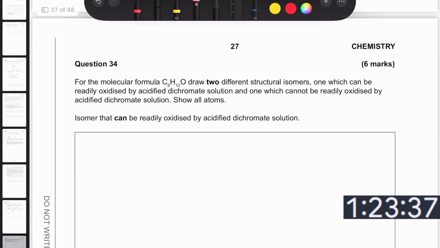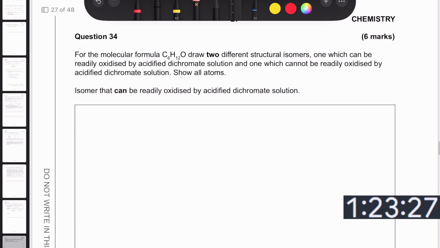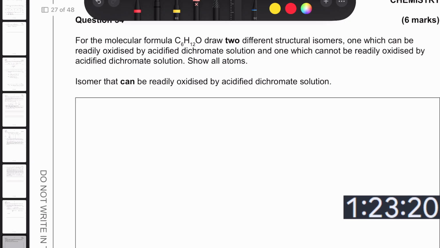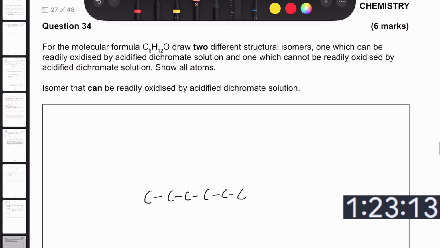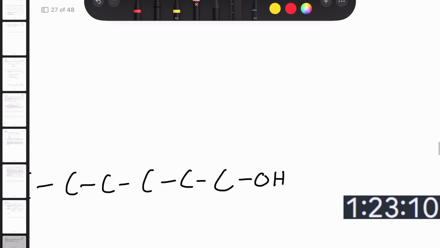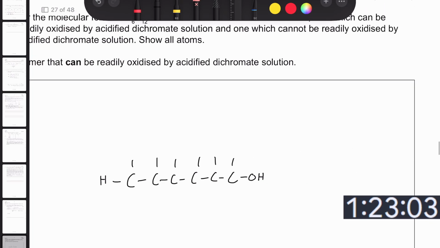Question 27. For the molecular formula C6H12, draw 2 structural isomers, one which can be readily oxidized by an acidified dichromate solution and one which cannot be. So they can be readily oxidized. Let's see. 3, 4, 5, 6. Let's see, I'm going to see if I can just do this. Have an alcohol. So H. 1, 2, 3, 4, 5, 6.